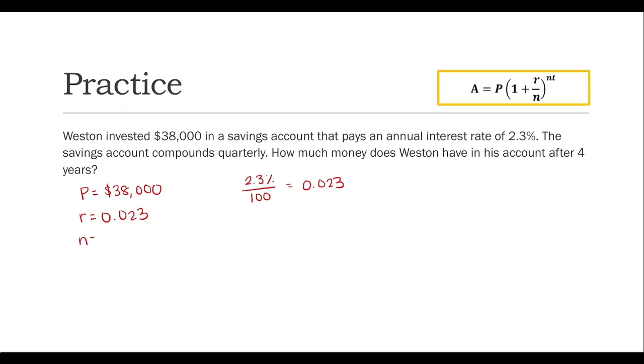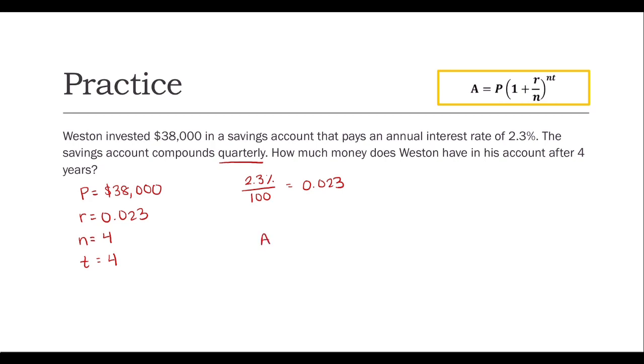Then for n, we need to figure out the number of times that it compounds. Here it says it compounds quarterly. Quarterly means 4 times per year, so we'll say n equals 4. And then our t: it says we need to know how much he has in the account after 4 years, so our time is 4 years.